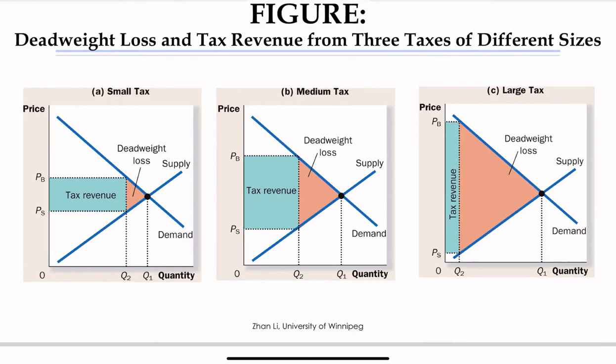Now, let's continue to increase the tax. You can see that the tax revenue actually decreases. So what's the result here? The result is when your tax is small, tax revenue will increase with your tax. But if your tax is already high, continuing increasing tax will actually reduce the tax revenue.